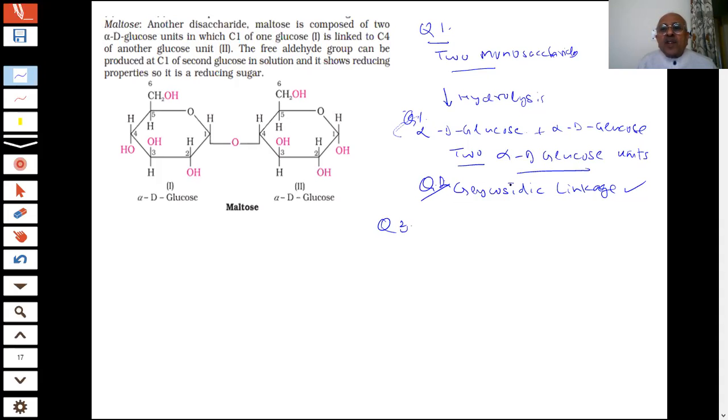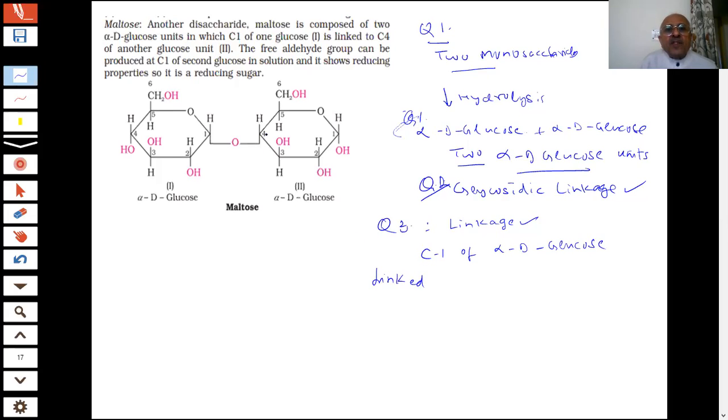So question number 3 is, where is the linkage in this case? As you can see, the carbon 1 of one alpha D glucose is linked with which carbon?